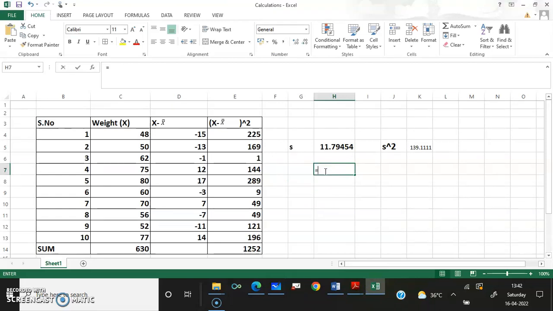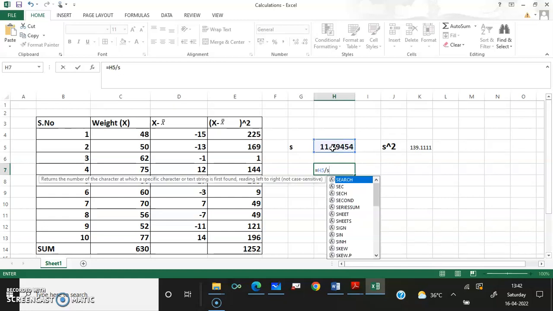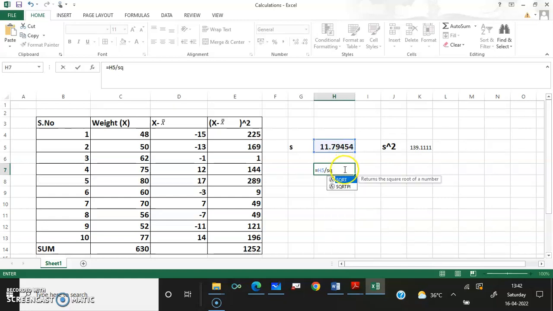Divided by root n, the square root of 10. So what I calculated is 11.79 divided by the square root of 10.